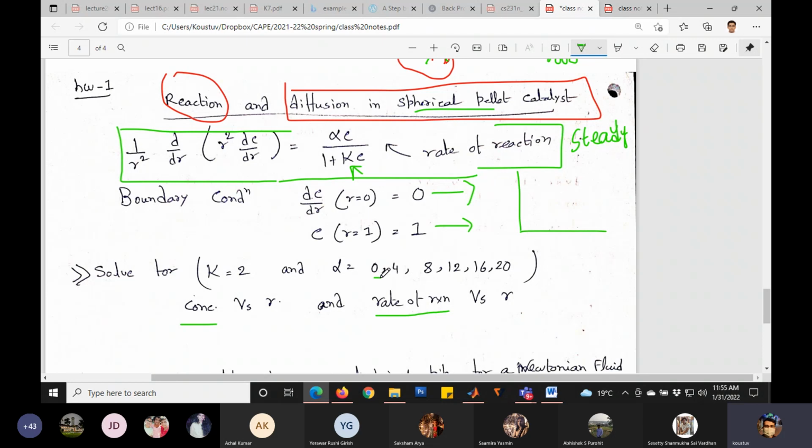For different values of alpha, if this is R, 0 and this is 1, and this is concentration, then for different values of alpha something like this it will look. And alpha increases in this order.